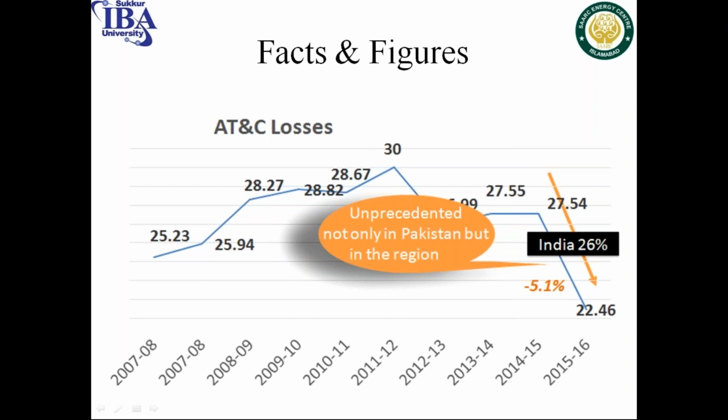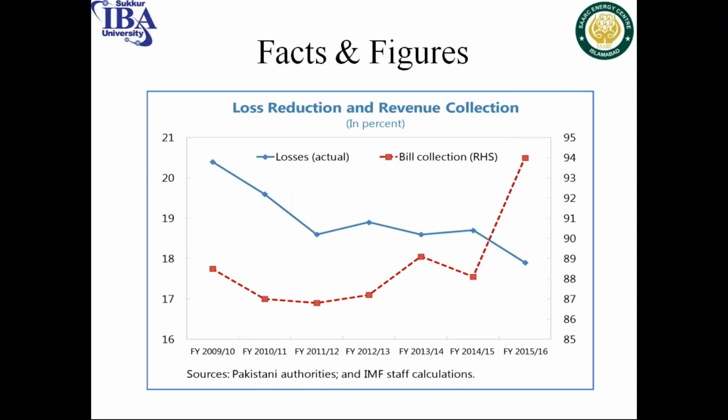Again, the ampere turn and copper losses have also been reduced to 22.4%, from 25.23% at times, and they are even less than the Indian power system, which according to 2016 data was 26%. It is also appreciated across Asia that Pakistan is working on power system losses, and we have coped with these types of losses.